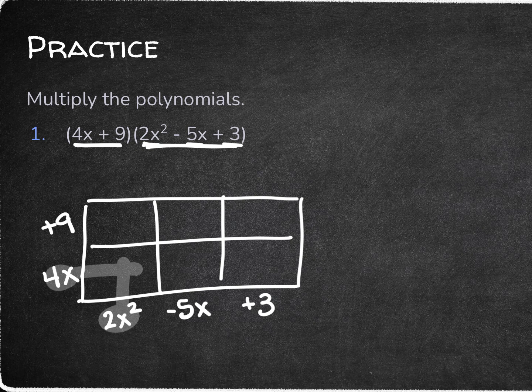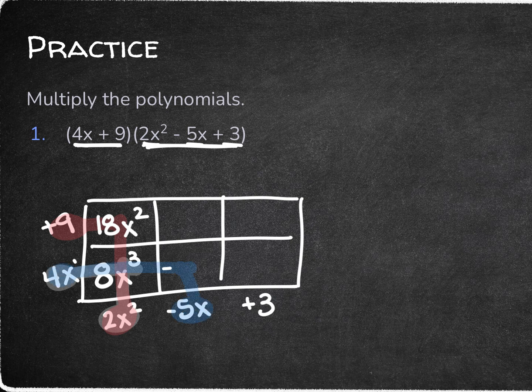So 4 times 2 is 8. x times x squared, remember there's an imaginary 1, and we add those together, x to the third. Repeat the process. 2x squared times 9. Okay, 2 times 9, 18. I have that x squared. Repeat the process. Negative 5x times 4x.